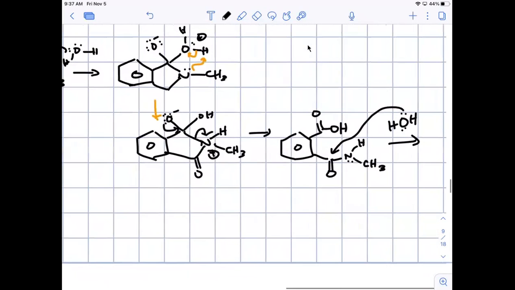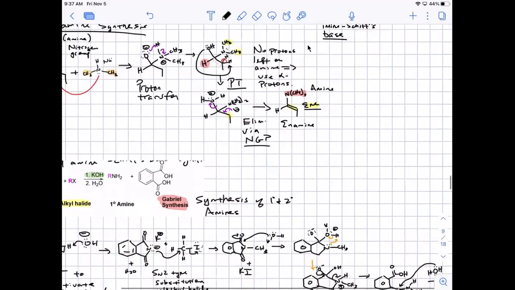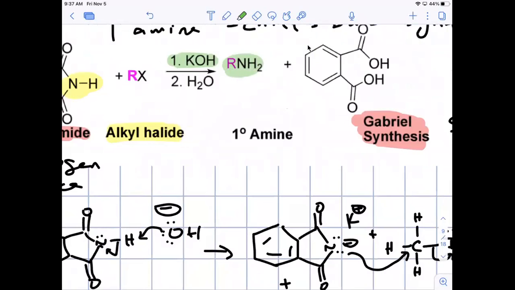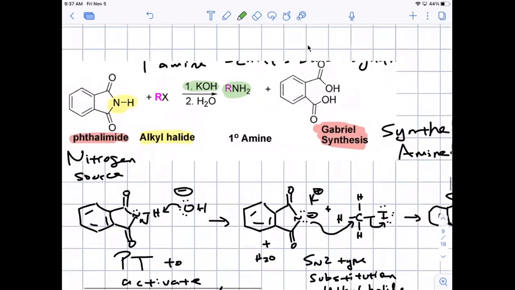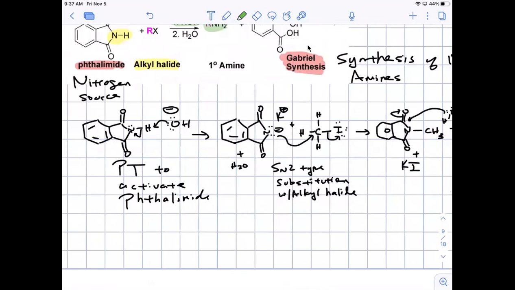All right. Any questions about, and again, the goal of that synthesis is to generate amines, right? So this is a way to make amines, just like we talked about ways to make esters, ways to make amides, ways to make alcohols and things like that. This is a way to synthesize amines, pretty efficient way too, from phthalimide and an alkyl halide, right? In the presence of a strong base.